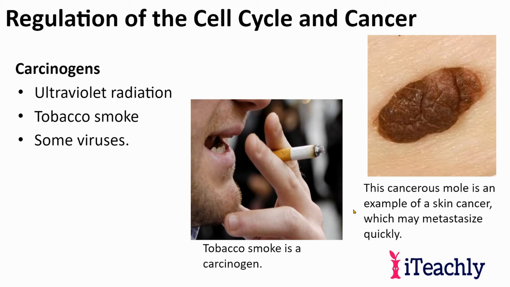When the ozone layer was depleted, more UV radiation got through, we received more UV radiation, and that increased skin cancer. Everybody knows that you shouldn't smoke tobacco or vape. That causes cancer. Some viruses cause cancer.